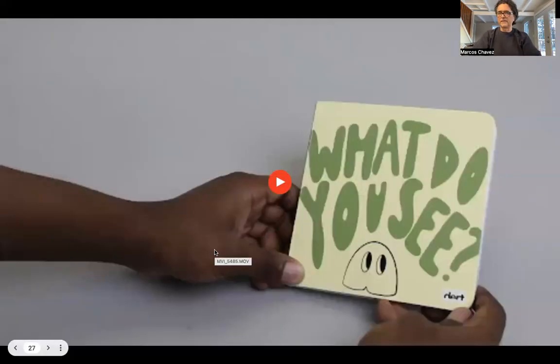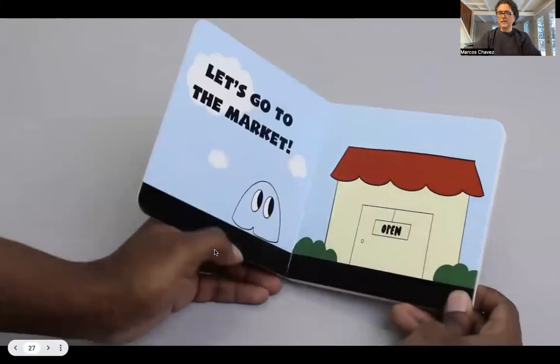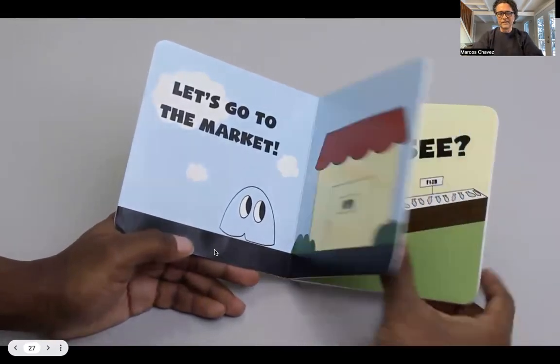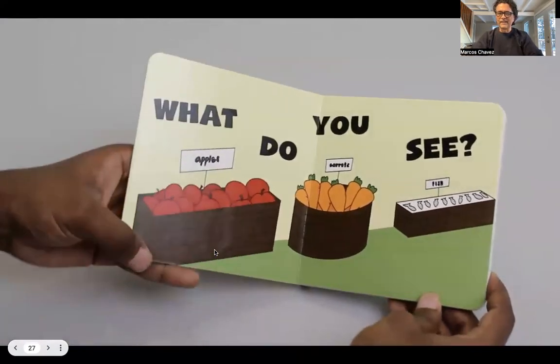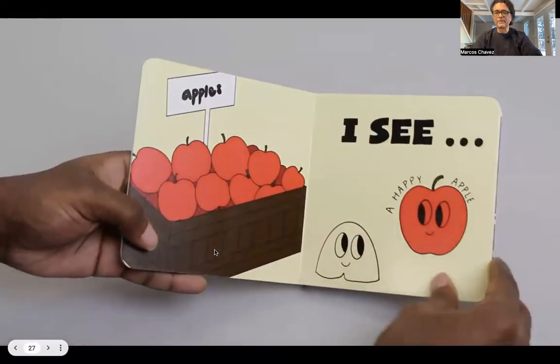And then this is about seeing and spotting things and having kind of a puzzle. So it's like an experience at the local market with this odd little shape. I'm not sure what he's called, but he goes to the market, and the kids can now ask, where's the apple? Where are the carrots? What color is the apple?